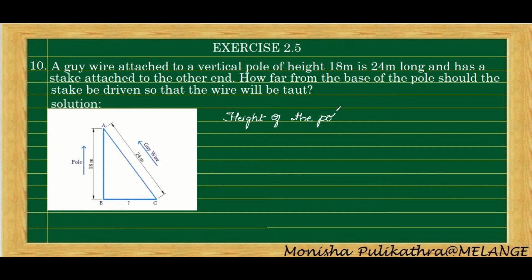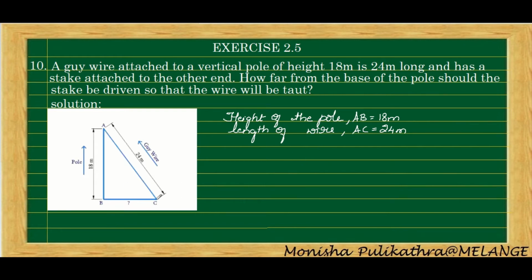So height of the pole, here it is AB, is equal to 18 meter, and length of the wire, AC, is equal to 24 meter. Next we need to find at what distance the wire has been tightened on the ground so that the pole stays stiff.